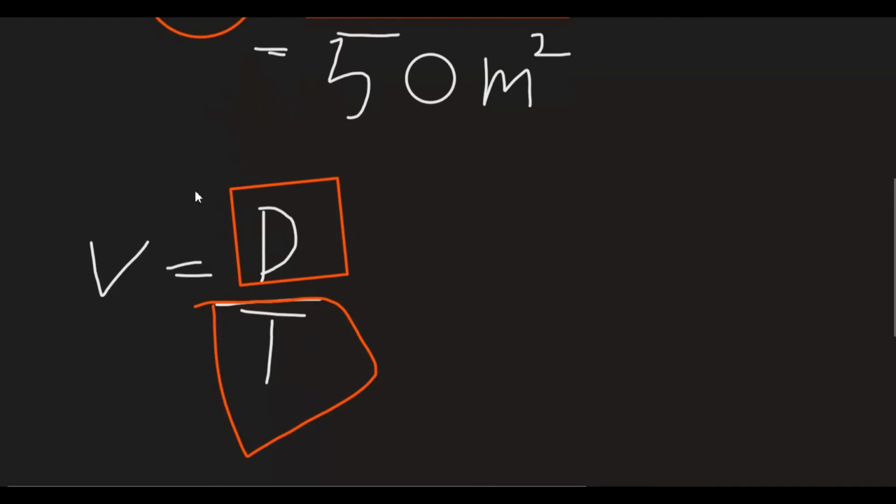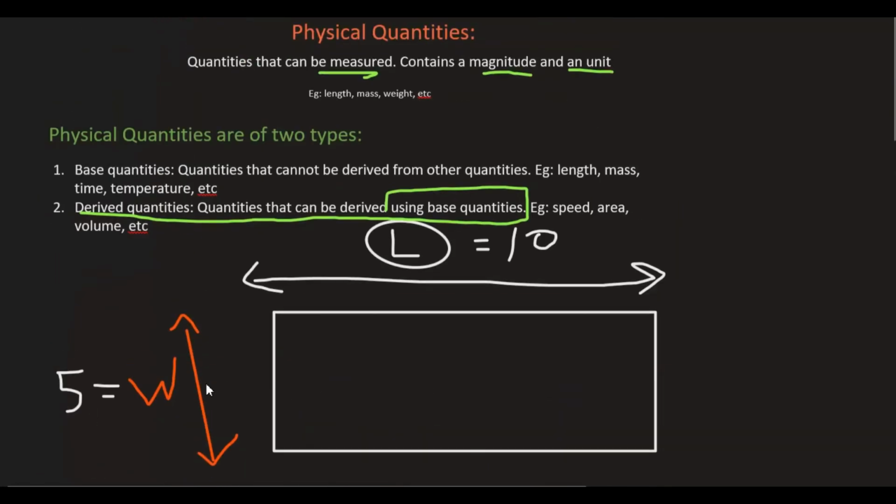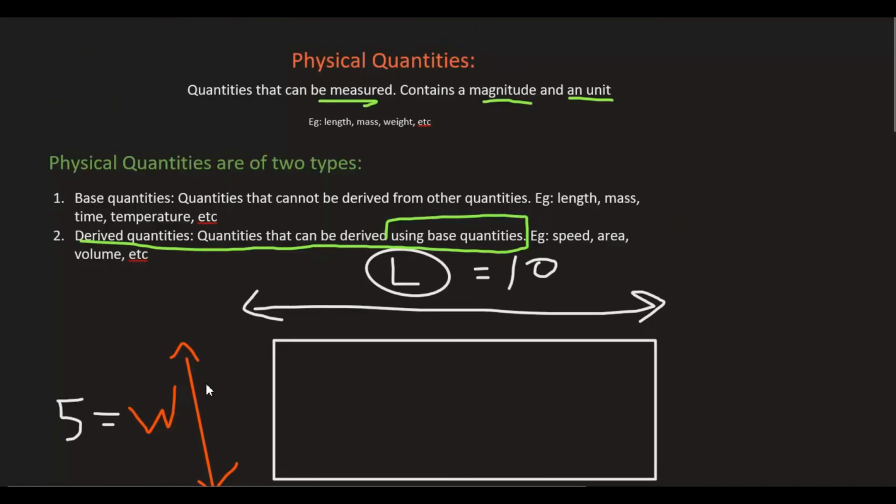So we used two base quantities to find a derived quantity. I hope you understood. I think that these are pretty easy and you don't need to concentrate too much on them. Just understand what a base quantity and a derived quantity is. Basically, base quantities are quantities that cannot be derived from other quantities, and derived quantities are quantities that can be derived using the base quantities.